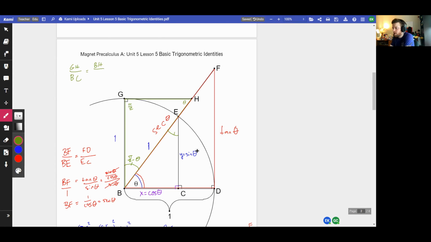You've just jumped to the big red triangle. Are we comparing the green with the blue triangle, or green and red? I think either works, but since you said BC, we need to stick with the smallest triangle, the one inside of the unit circle. So that's EB, the hypotenuse.